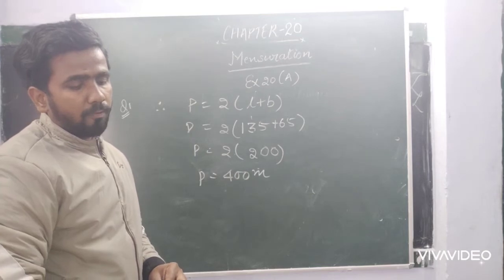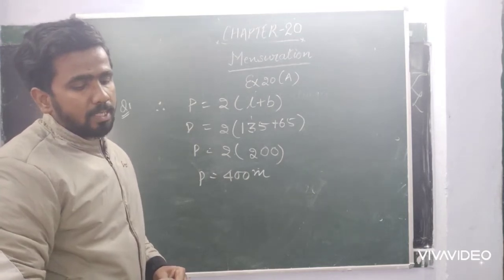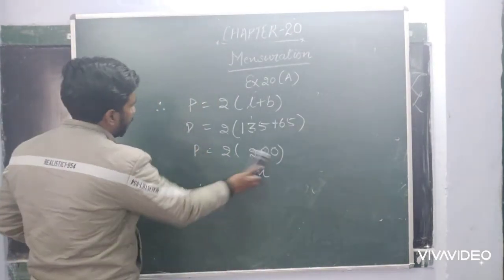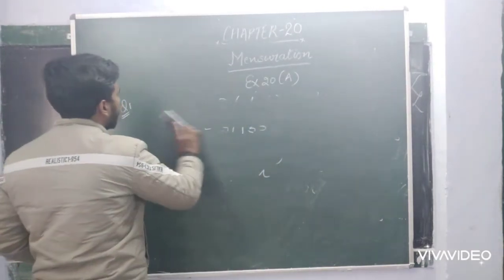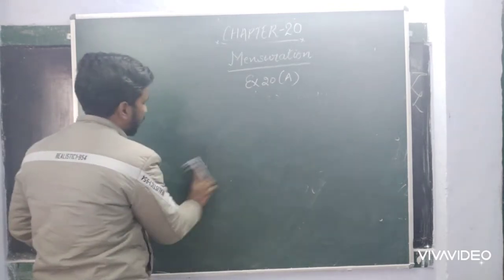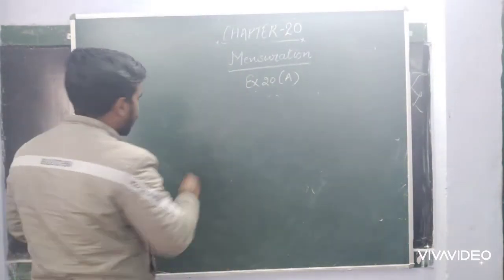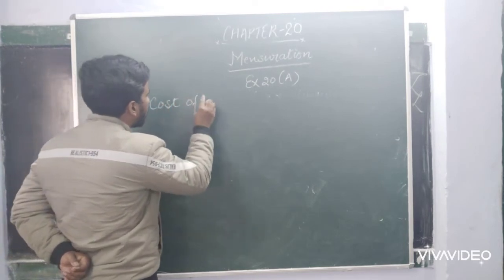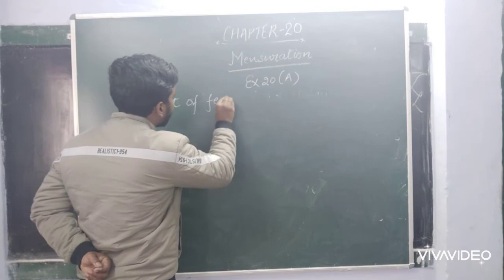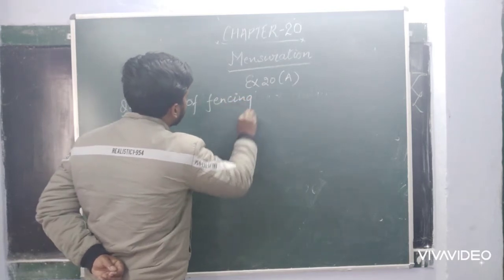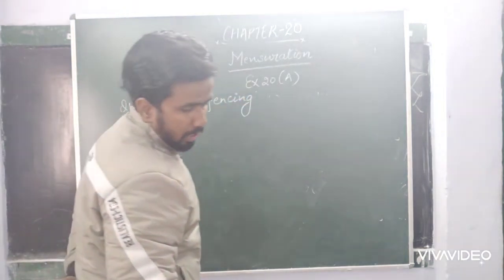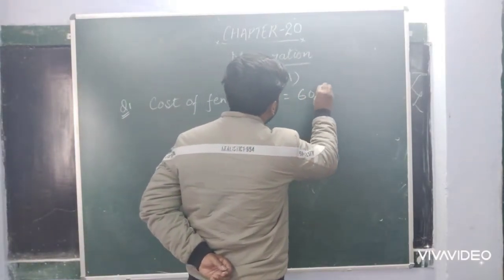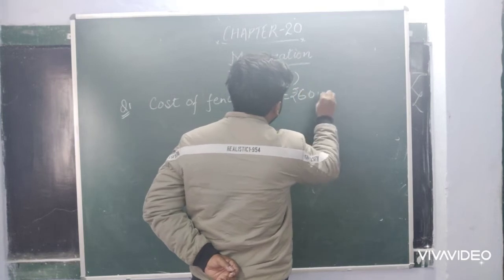Now we have to find out the cost of fencing at the rate of rupees 60 per meter.